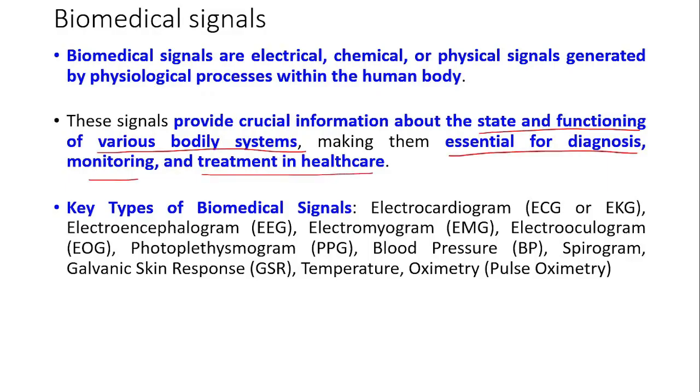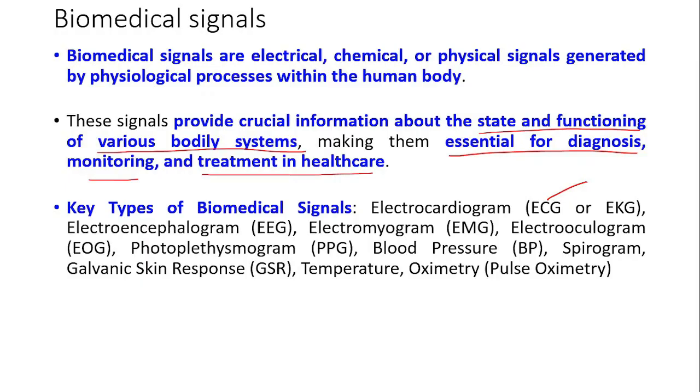Next, what are the key types of biomedical signals? The key types include the ECG. Why does ECG always come first whenever we talk about biomedical signals? Everyone will commonly say ECG. This is because our heart is a unique system where the heart muscles autonomously beat in a synchronized manner.